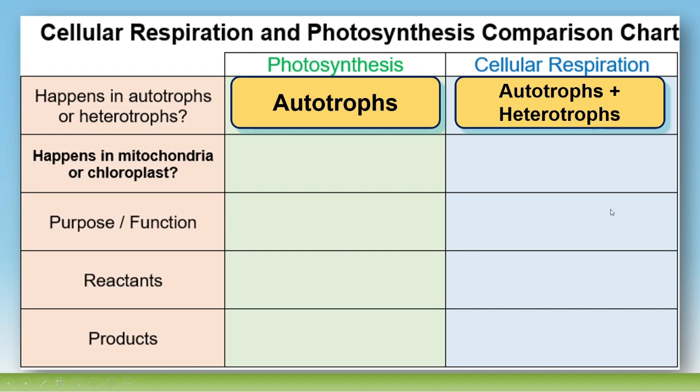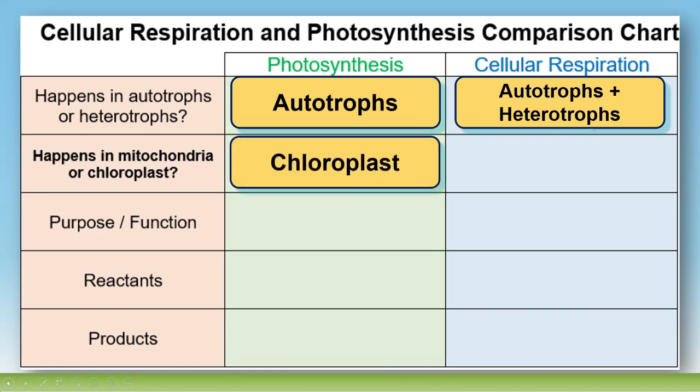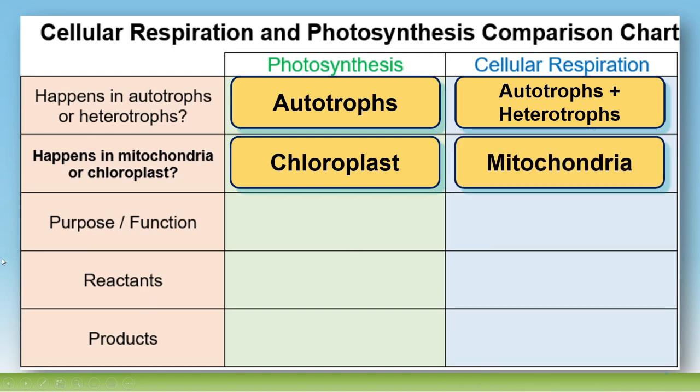Okay, so let's go down to our next level. So happens in the mitochondria or chloroplast. So photosynthesis occurs in the chloroplast. So the chloroplast is only in plant cells. So cellular respiration, where we create ATP, occurs in the mitochondria. Right, so our purpose and function here.